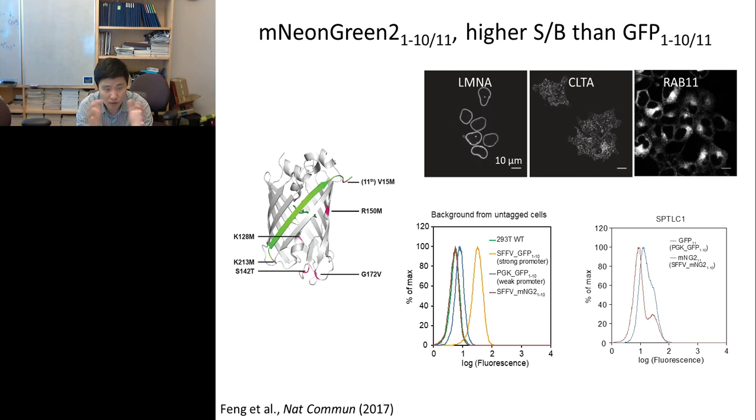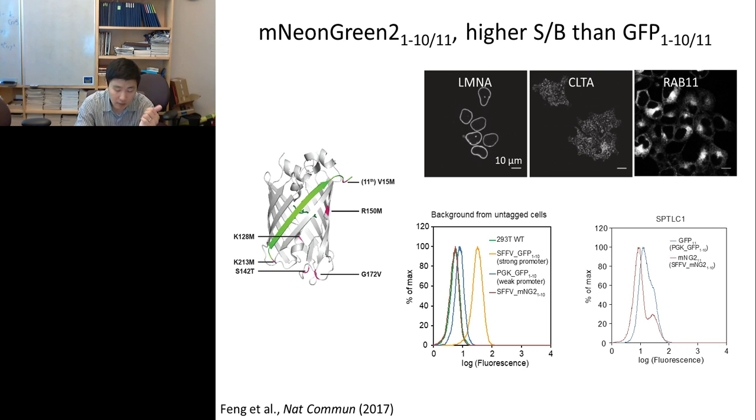The full-length mNeonGreen is about a factor of 2 to 3 as bright as full-length GFP. So that's great. And she has engineered a split version of that with multiple mutations to make it self-complementing. And so here we can do mNeonGreen2-11 knock-in to three genes, and they are much brighter.